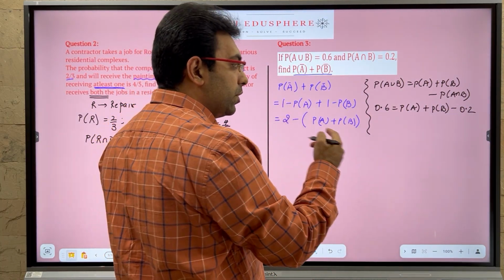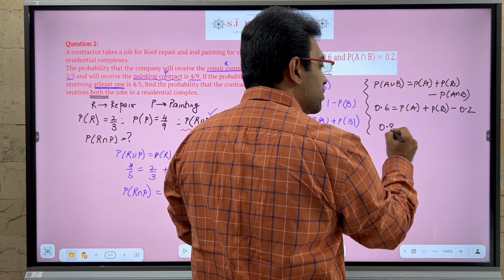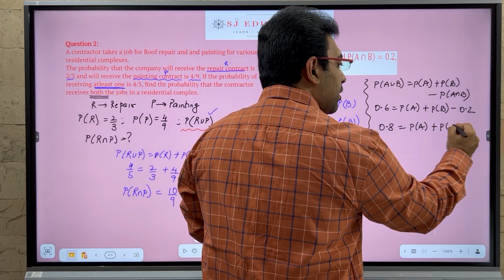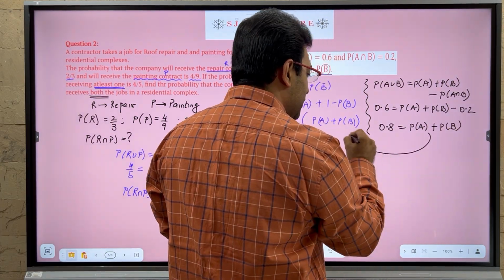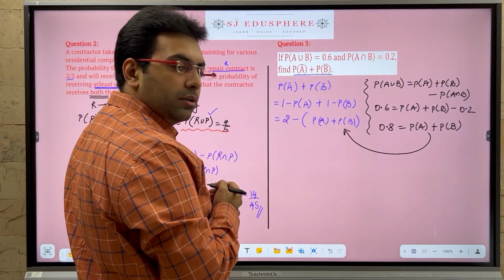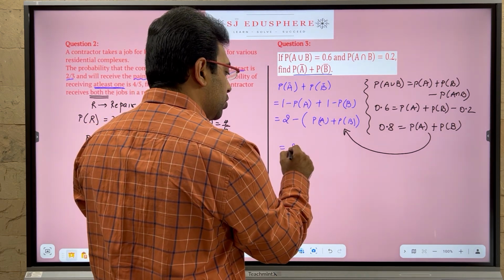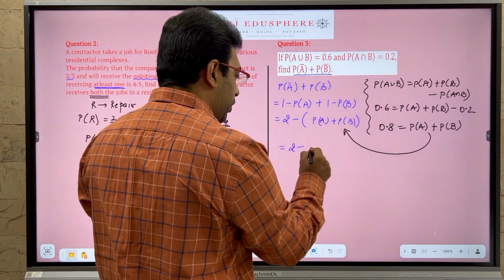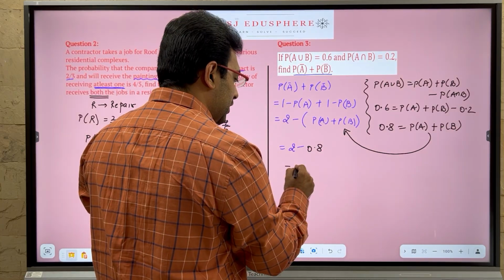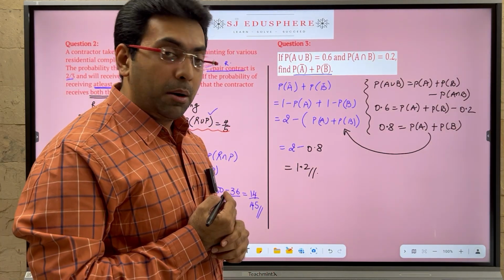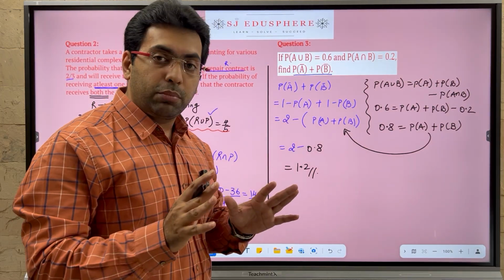Shift the minus over here, becomes plus. So 0.8 is probability A plus probability B, which I'm now going to substitute here. So hence I have this answer as 2 minus 0.8 gives me 1.2. So probability A complement plus B complement is 1.2.